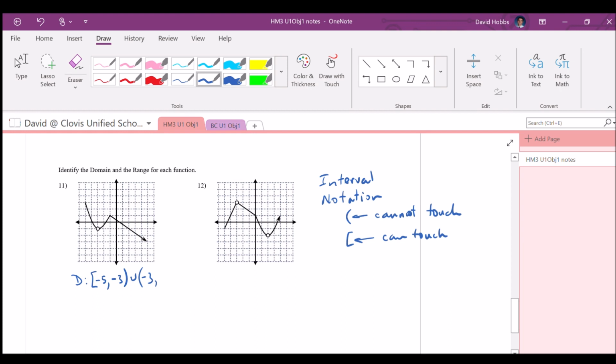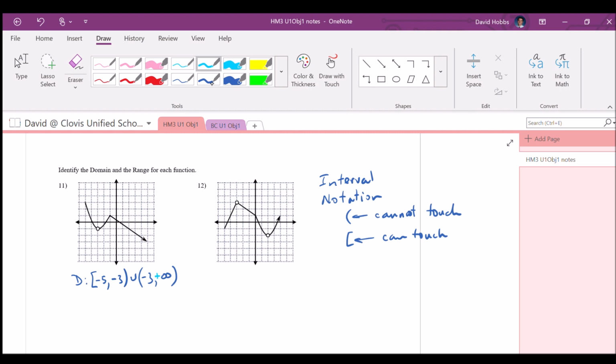Well, there is no such thing as a biggest number. So it's going to positive infinity. And infinity is not an actual number, it's a symbol, so we can't actually touch infinity, so we use a parenthesis. Okay, now, it is positive infinity, but as long as it's positive infinity, you don't have to put a plus in front of it. If there's no plus in front of it, we understand that it's positive infinity.